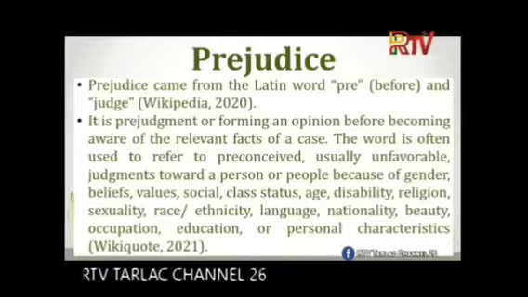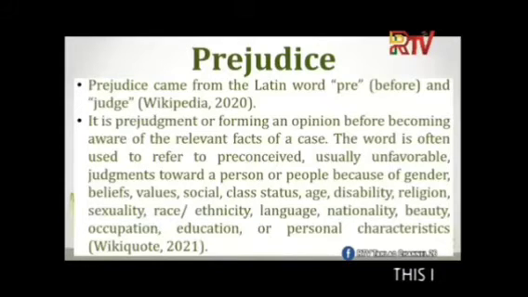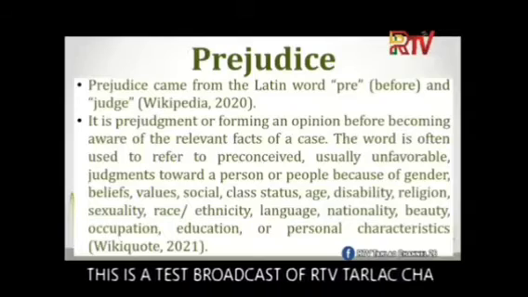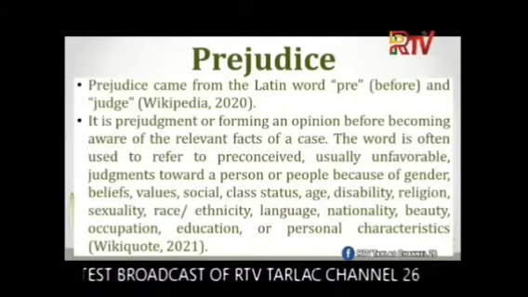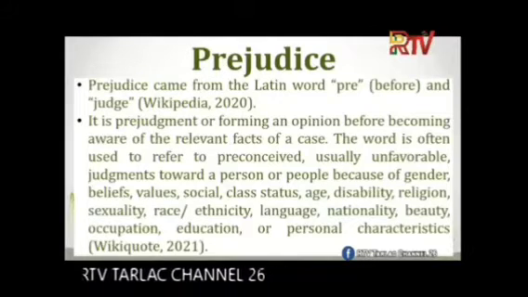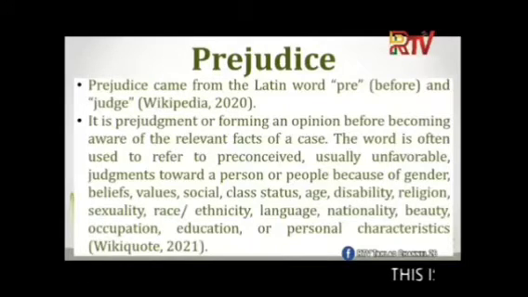The word is often used to refer to preconceived, usually unfavorable judgments toward a person or people because of gender, beliefs, values, class status, age, disability, sexuality, race or ethnicity, language, nationality, occupation, education, or personal characteristics. That is according to Wikiquote 2021.